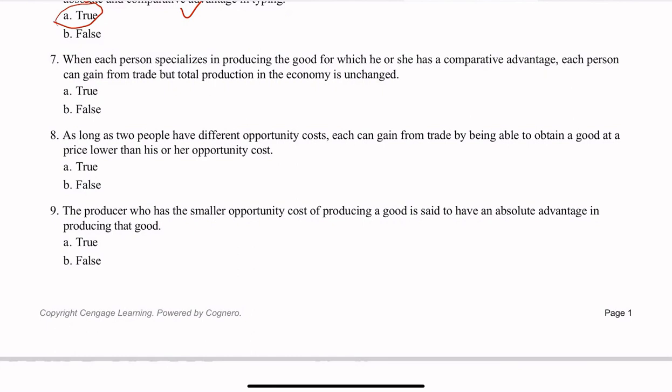Why is it false? Because this part is not correct, and each person can gain from trade is actually correct. So the statement total production in the economy is unchanged is incorrect.